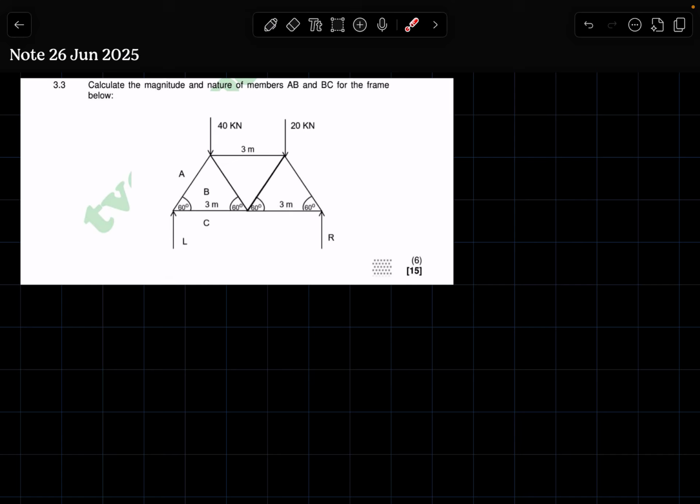Once we've established, by virtue of the vector sum of the external forces, that our external forces are in equilibrium, which means our framework is in equilibrium, what that tells us is that the members on the framework are joined using joints.